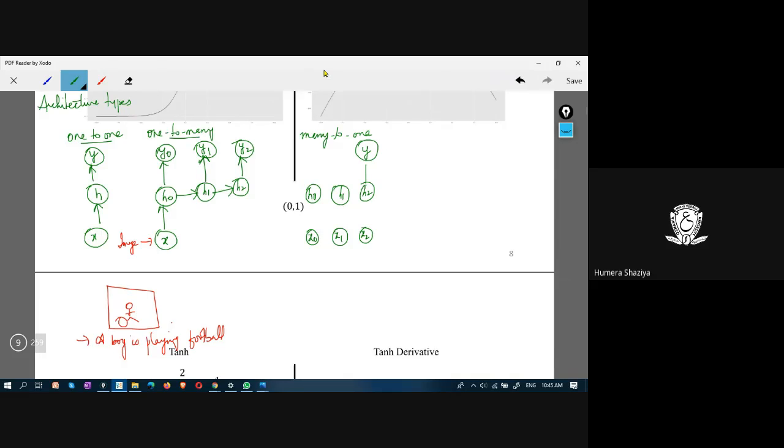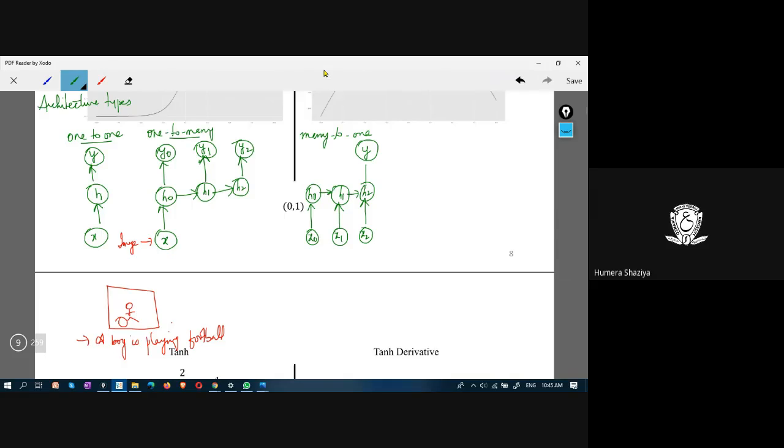Here you see x0 is connected to h0, and h0 provides the output to the succeeding node, x1 to h1 and h1 to h2, x2 to h2.